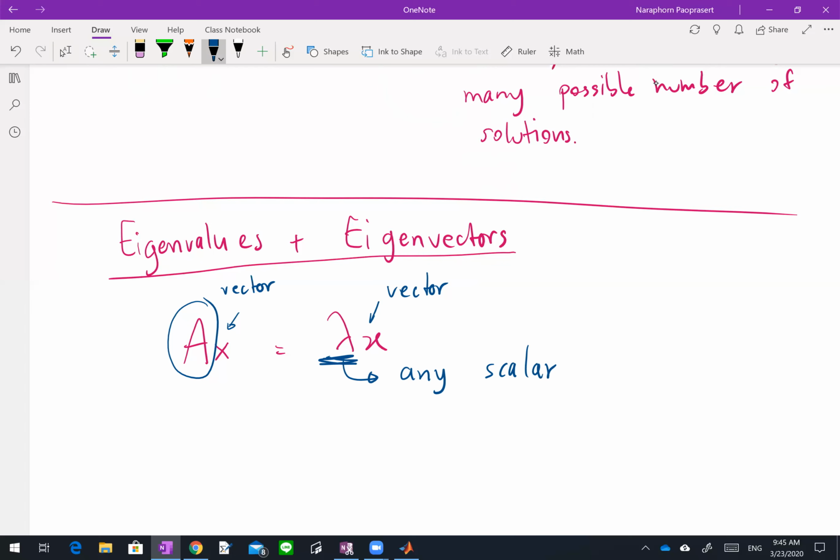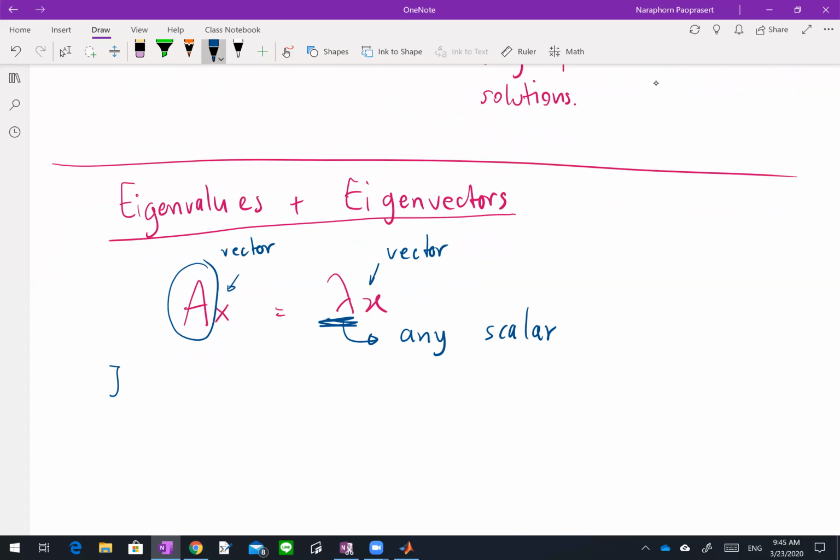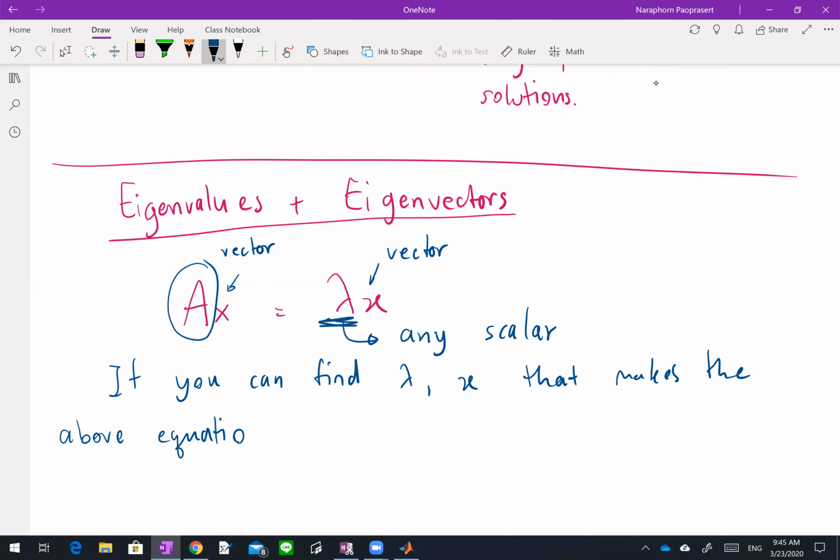If this is the case, then we say that if you can find lambda and x that makes the above equation true, then lambda is the eigenvalue and x is the eigenvector.